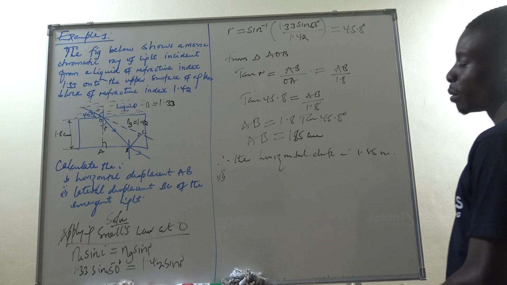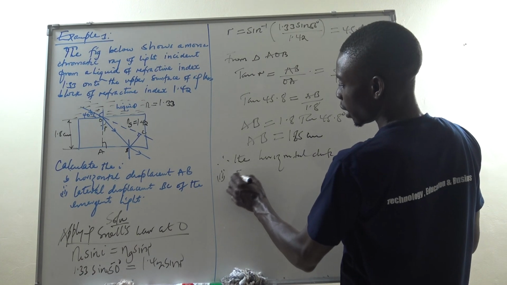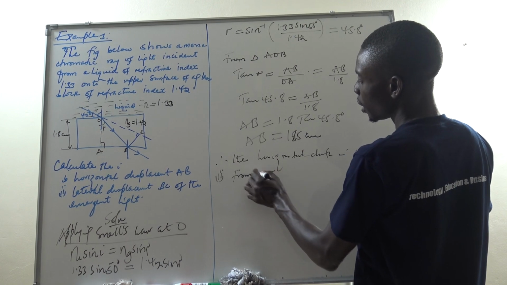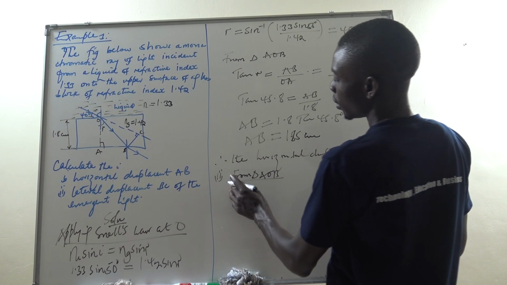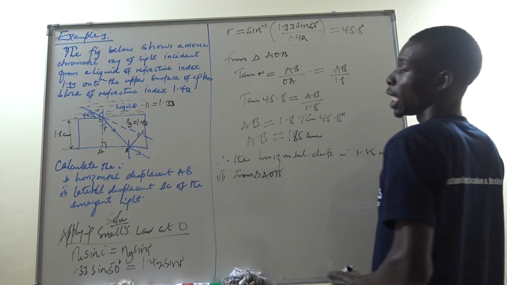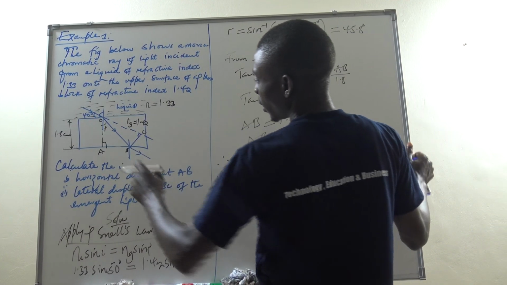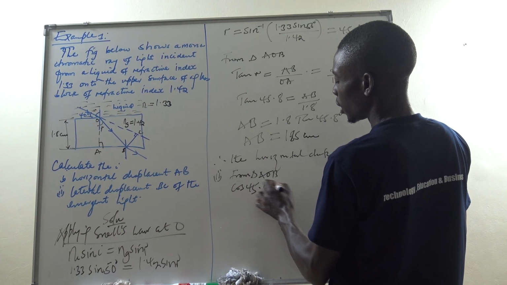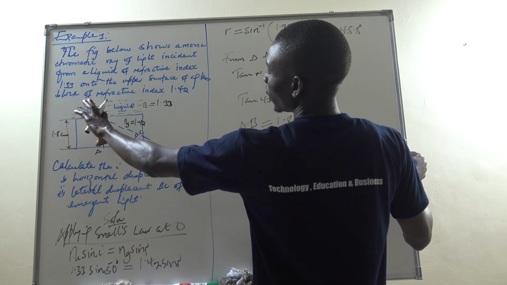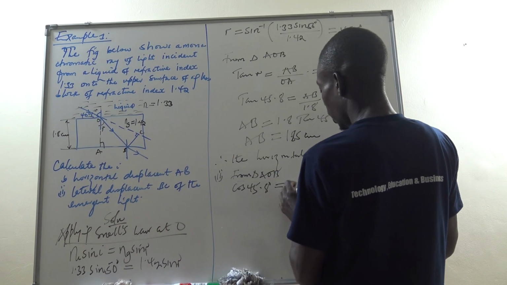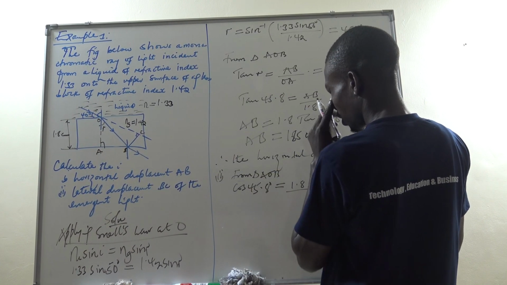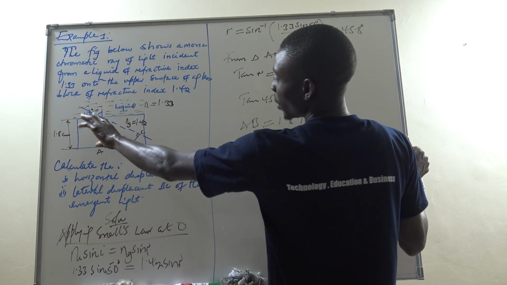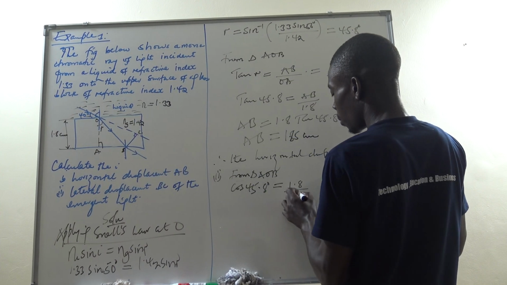To get BC, from this triangle still, I can say cos of 45.8 is equal to adjacent over hypotenuse, 1.8 over OB.